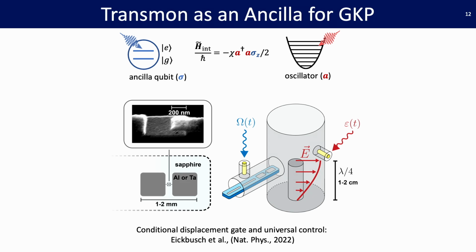And in particular, this interaction provides the nonlinearity necessary for universal control of the system, so that with appropriately engineered drives on the transmon and the cavity, we can realize this conditional displacement gate necessary for all of these GKP operations.